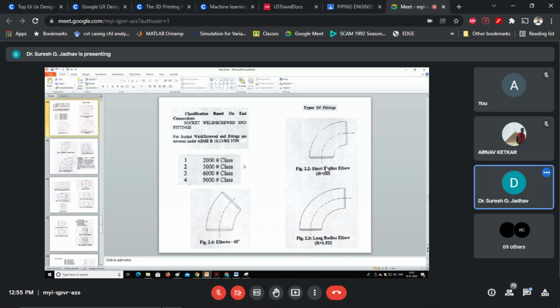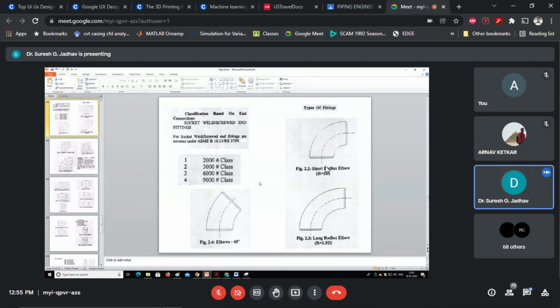First one is 2000 class, 3000 class, 6000 class, and 9000 class. These pressure classes are available as per ASME B31.3.